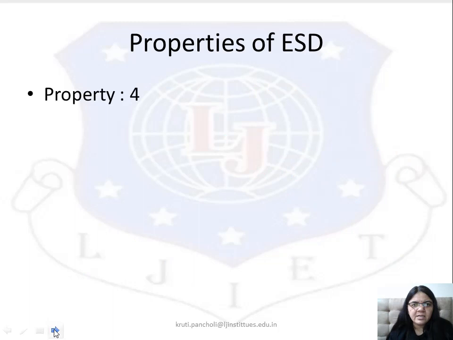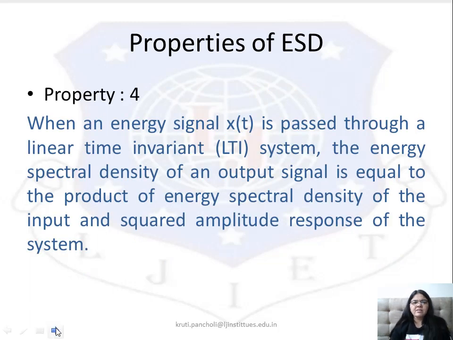Now the next property, property number 4: when the energy signal x(t) is passed through a linear time invariant system with some impulse response, the output energy spectral density is the product of the energy spectral density of the input and the squared amplitude response of the system.